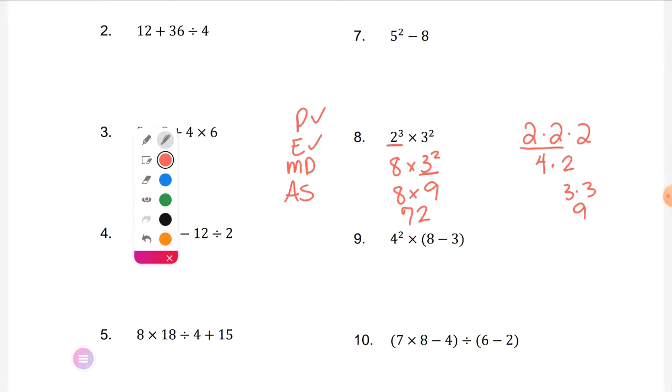Questions over last night's? Any of them that you could not get to the right answer and you need me to work out? Kylie. Well, I have a question. On number 8, I got 72, but I didn't do it that way. I did 2 times 2 is 4, 2 times 3 is 6, and then I dropped the 3, and then I did 4 times 6 is 24, and then I just dropped the 3.